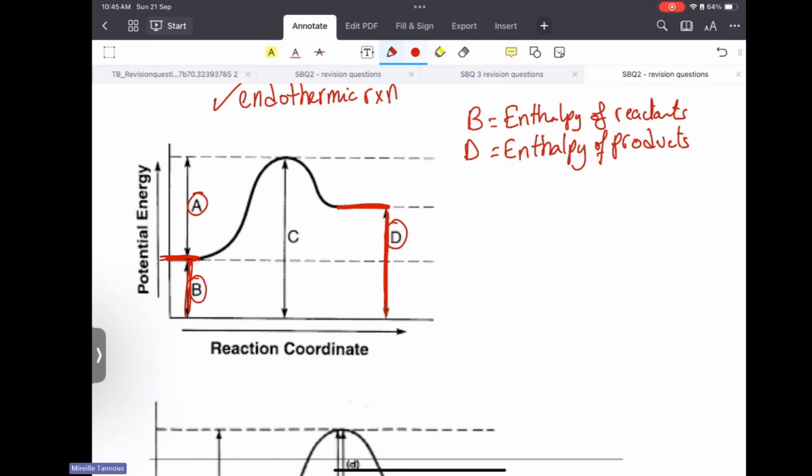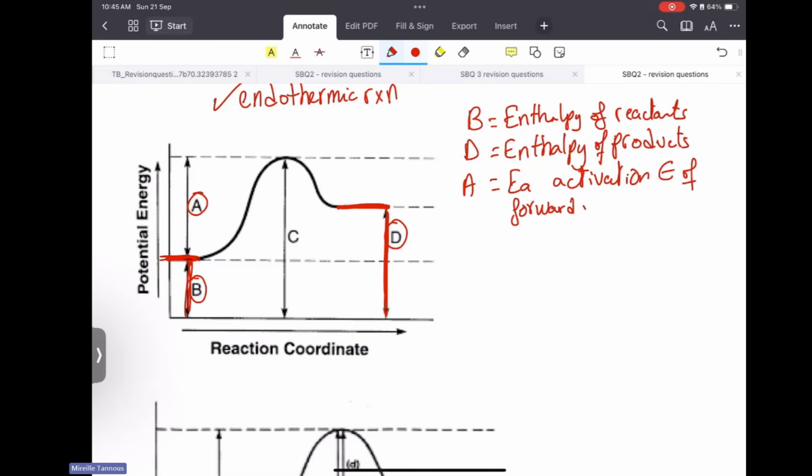A is the energy absorbed by the reactants to break their bonds. It is what we know as the activation energy of the forward reaction. Now, if there was an E here, E would be the activation energy of the backward reaction.